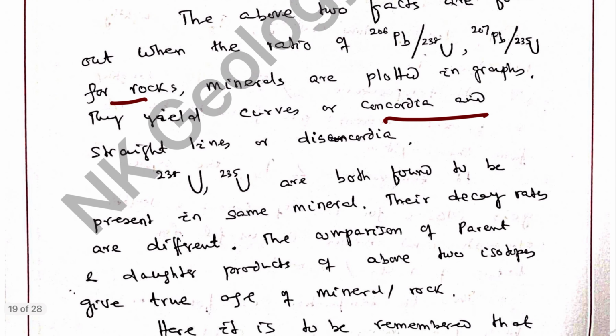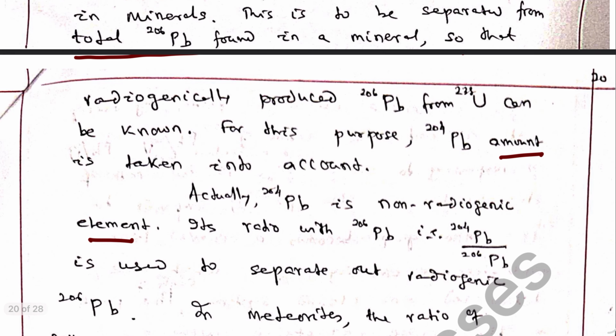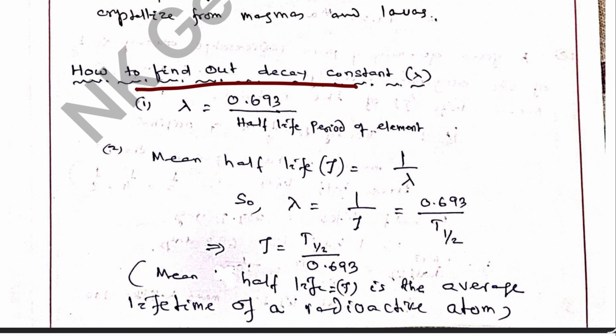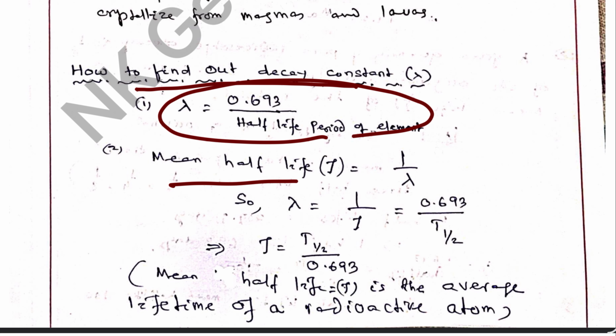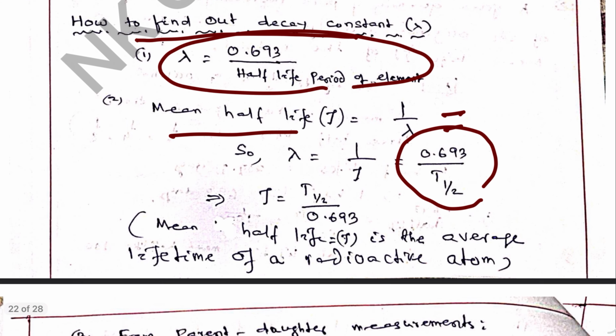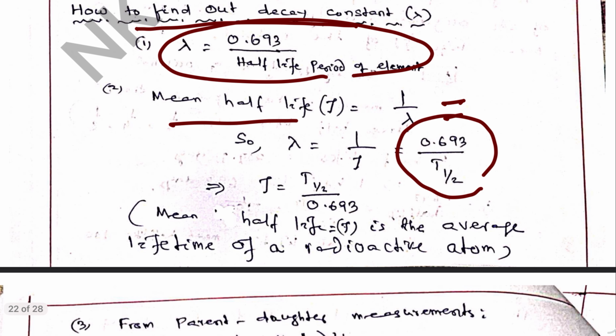Now we will discuss some of the problems. How to find out the decay constant. So this is the method. Decay constant is equal to 0.693 by the half-life period of the element. Mean life is 1 by lambda. So lambda is 1 by mean life, which is 0.693 by half-life.